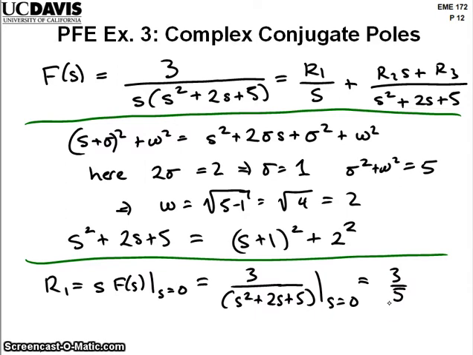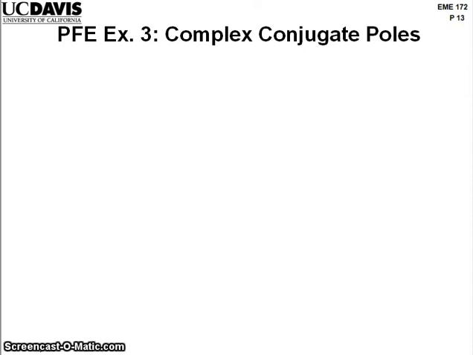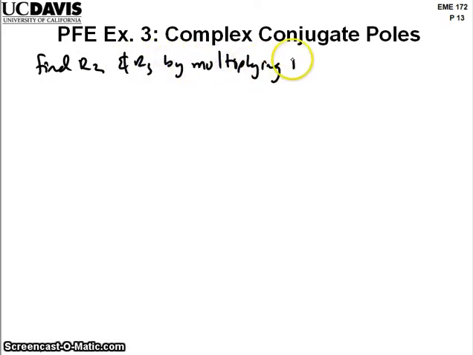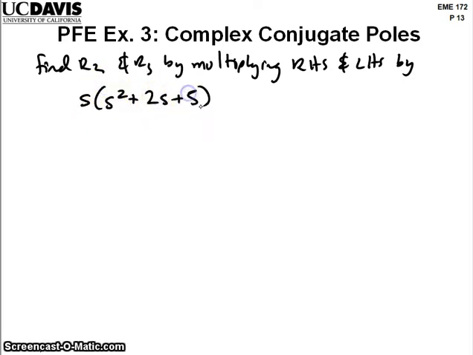Okay, so there's a little bit of math involved here. We're going to multiply both sides by the denominator, so I'm going to clear the entire denominator by multiplying the right-hand side and left-hand side by the complete denominator, s times s squared plus 2s plus 5.